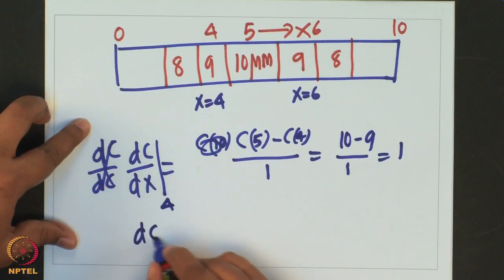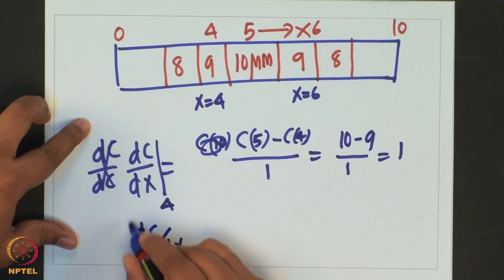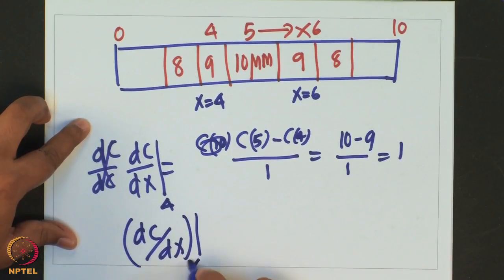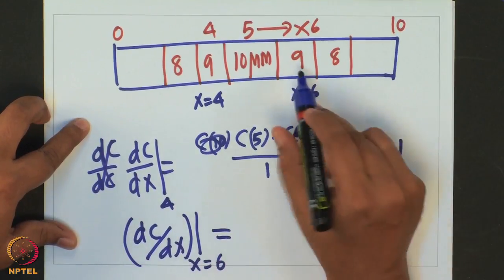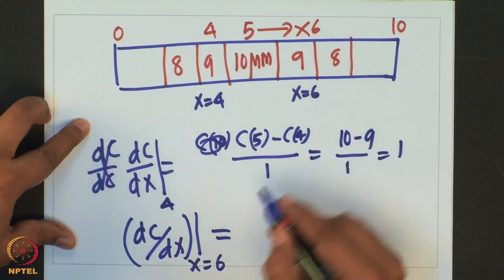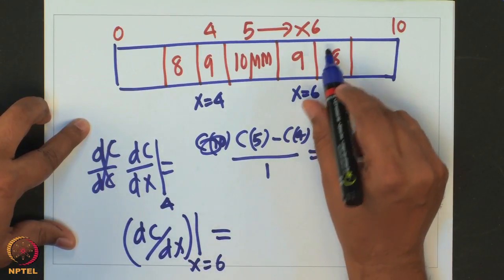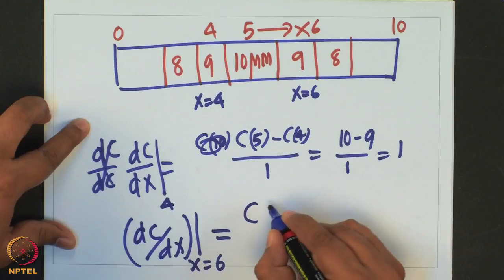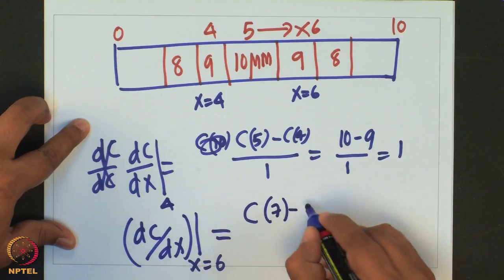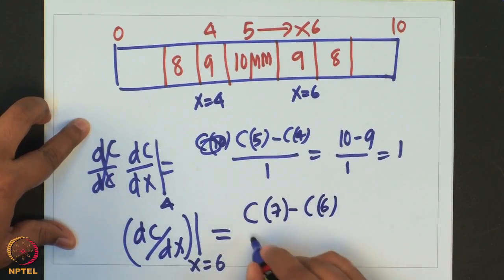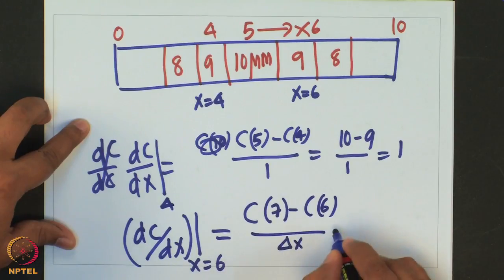Now let us calculate dC by dx at x equal to 6. If I calculate here, this is 8, the concentration at x equal to 7 minus the concentration at 6 divided by delta x, which is 1.